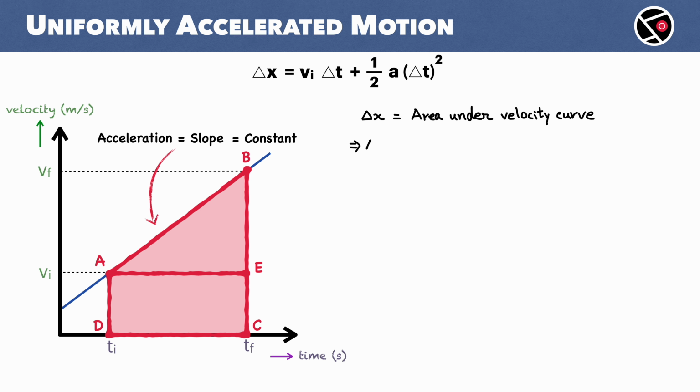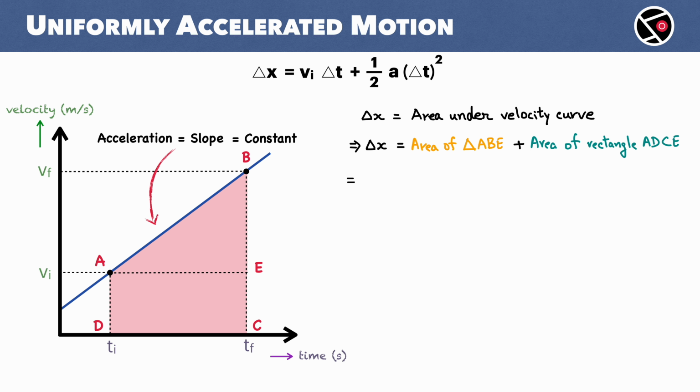So, delta x is area of triangle ABE plus area of rectangle ADCE. Area of triangle is half times base AE times height BE. Area of rectangle is length DC times width EC.